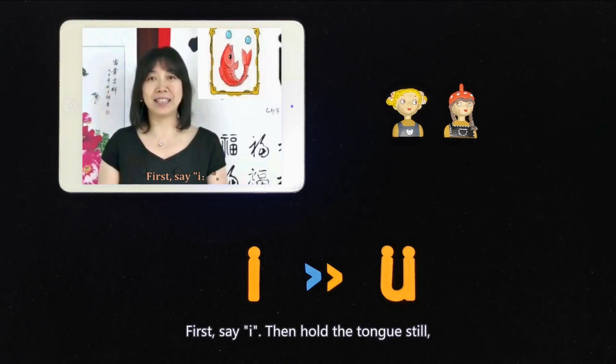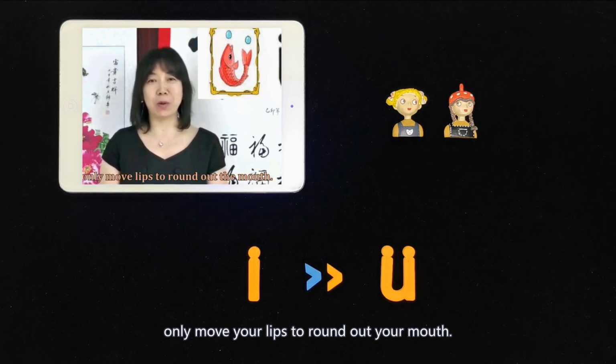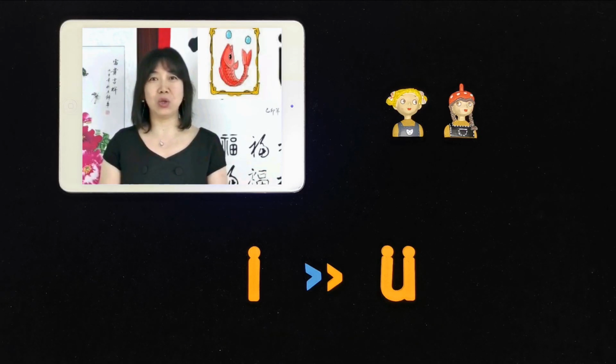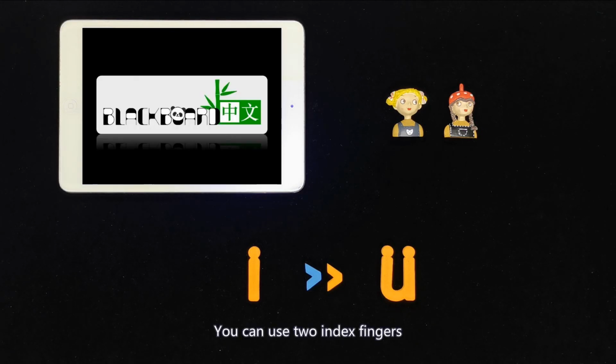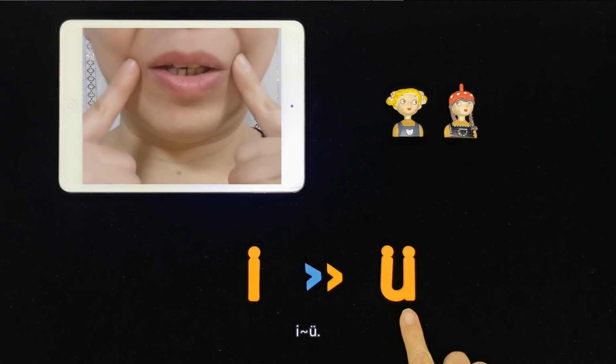First, say yi. Then say the tongue still. Only move lips to round out the mouth. Yi. You can use 2 index fingers to push the corners of your mouth to round it out. Make sure your tongue stays still. Yi, yu.